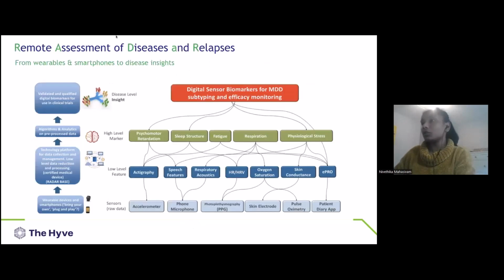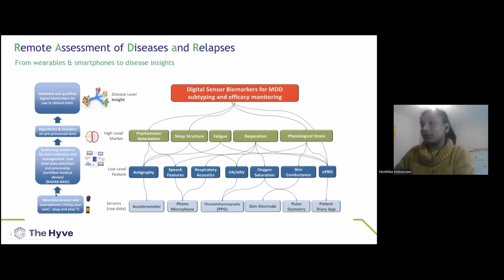So how do you go from these kinds of digital measures to something more concrete in a particular disease? You would first gather various vital signals or raw data from sensors and mobile applications.